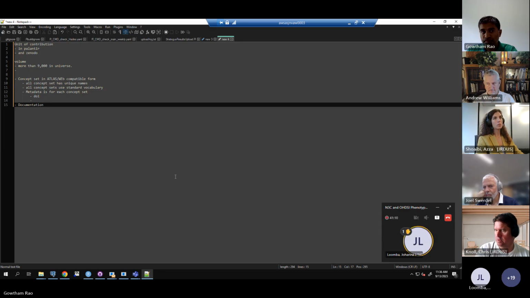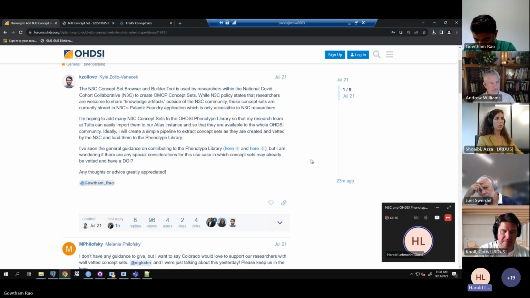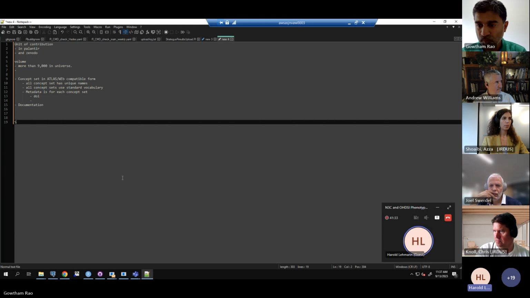Right. No, clearly aligning the metadata is a really important part. In other words, you have direct availability to all the concept sets as it is. The JSONs and everything are available, but the how to map from our metadata to yours requires at least a little group to pay attention to that. Yep.